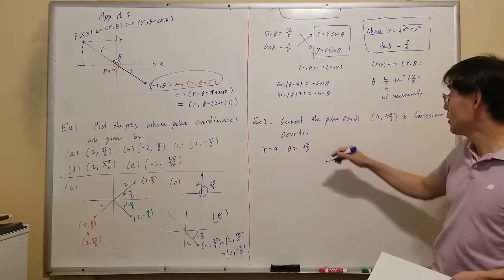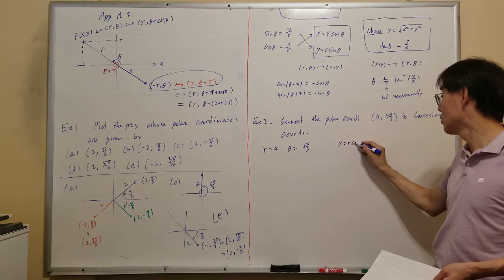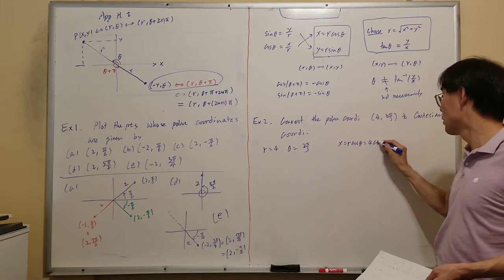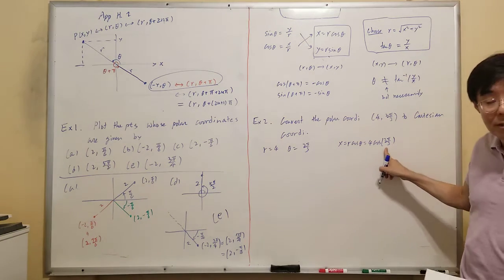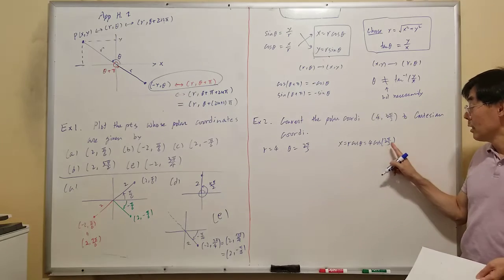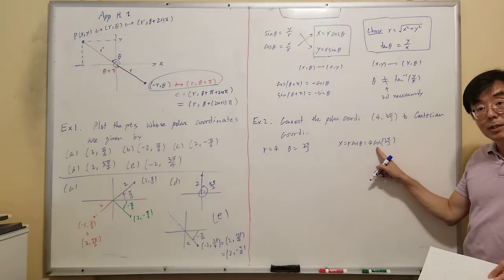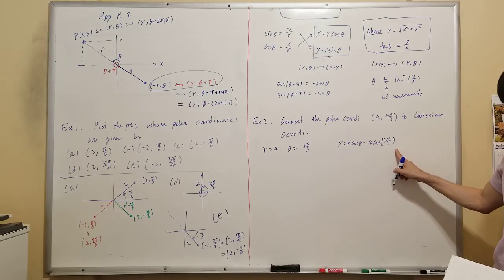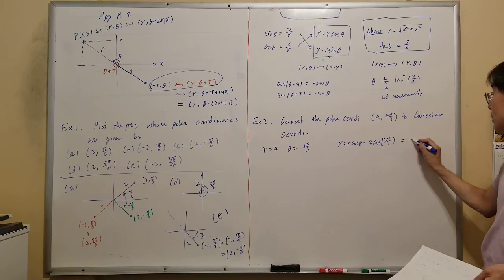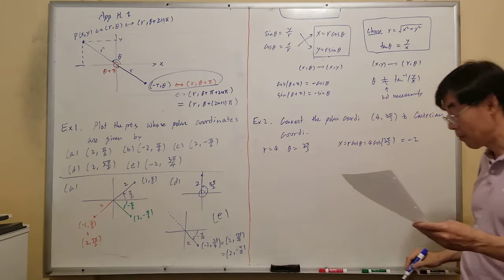R theta to xy is easy. X equals r cosine theta, 4 cosine 2 pi over 3. The reference angle is pi over 3, in the second quadrant, where cosine is negative. So negative cosine pi over 3, which is negative 1/2, so negative 2.